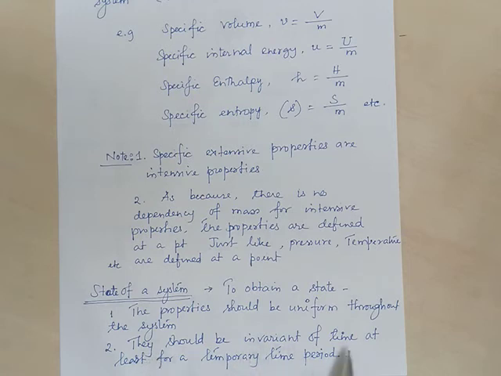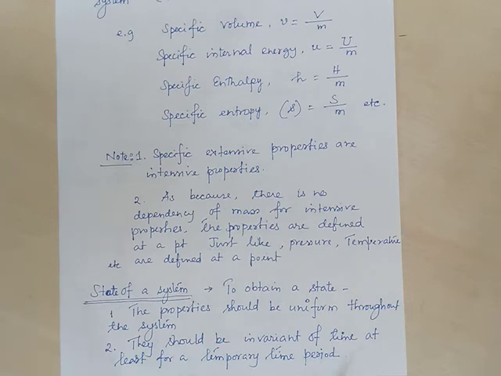And the second important condition to define the state of a system is that the properties should be invariant of time. To have a liquid state for a particular substance, there should be some time duration, isn't it? All the properties should possess a definite value for a particular amount of time. Otherwise all the points and states of the system will be dynamic, isn't it?